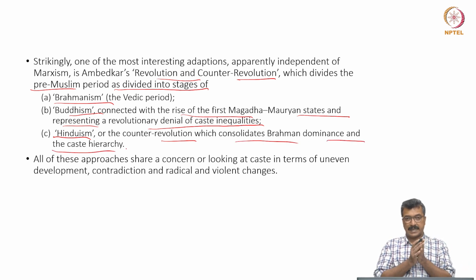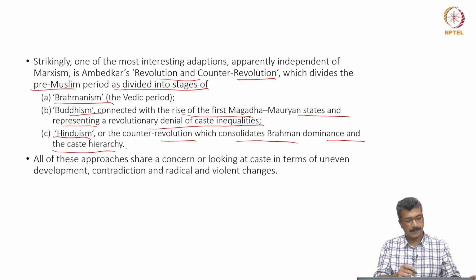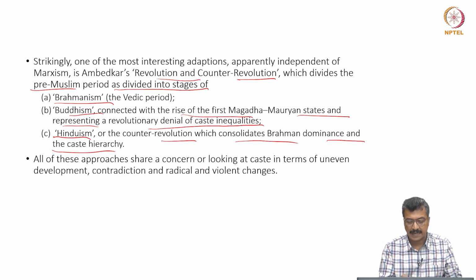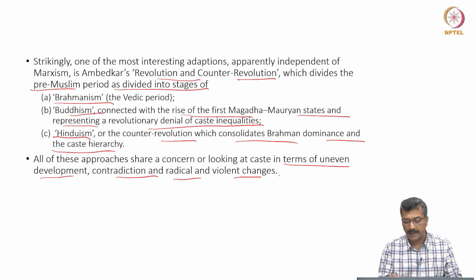So Ambedkar provides a kind of periodization, talking about Brahmanism, that of the Vedic period, especially the Rig Veda, then the Buddhist period, and then the third is the decline of the Buddhist period and the rise of Hinduism, which again cemented the hegemony of Brahmins. All these approaches share a concern for looking at caste in terms of uneven development, contradictions, and radical and violent stages.